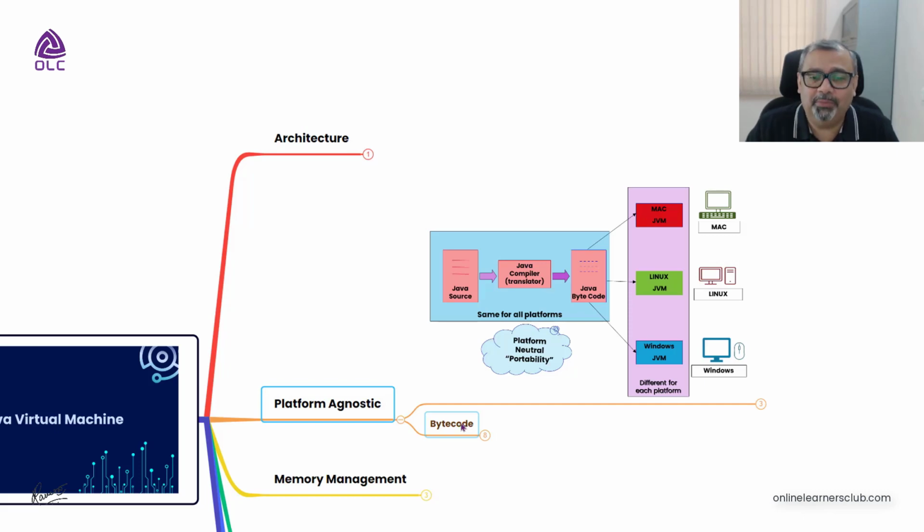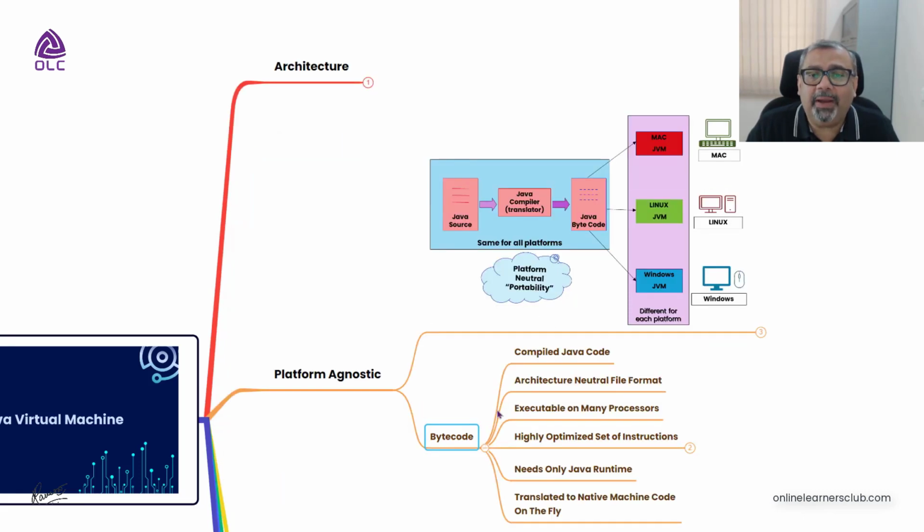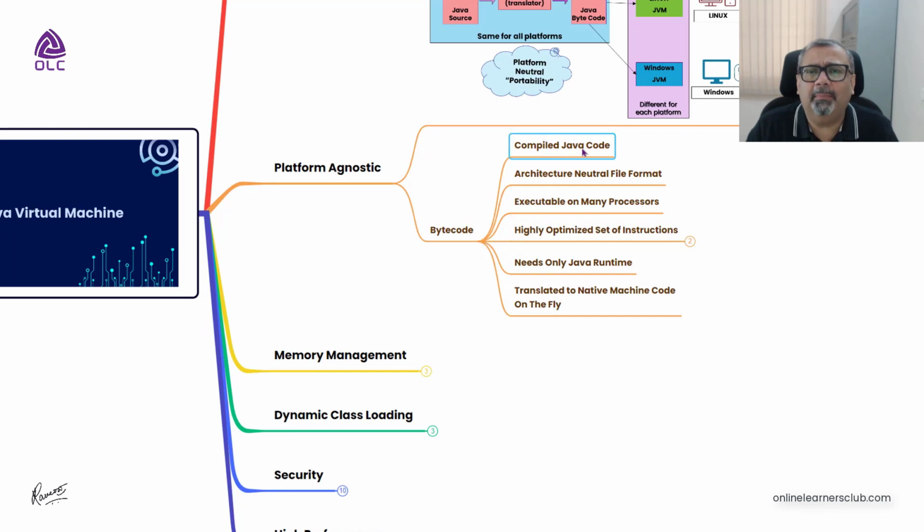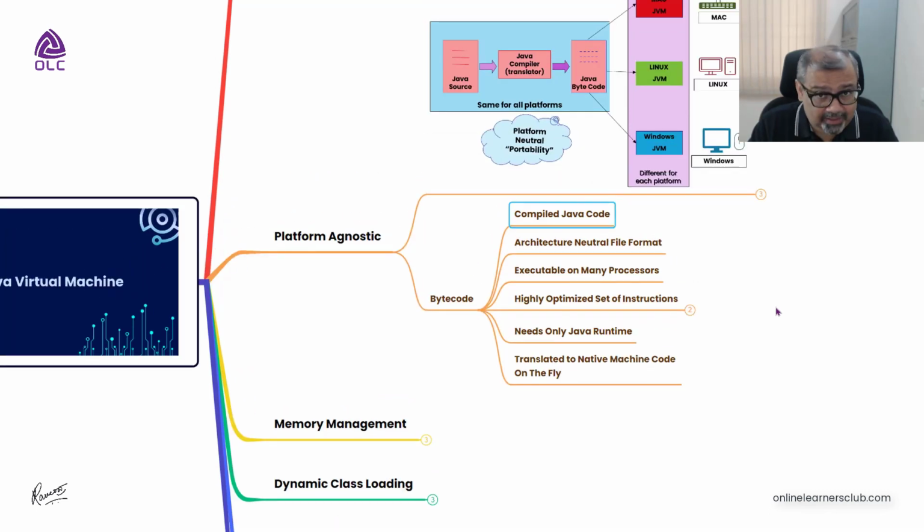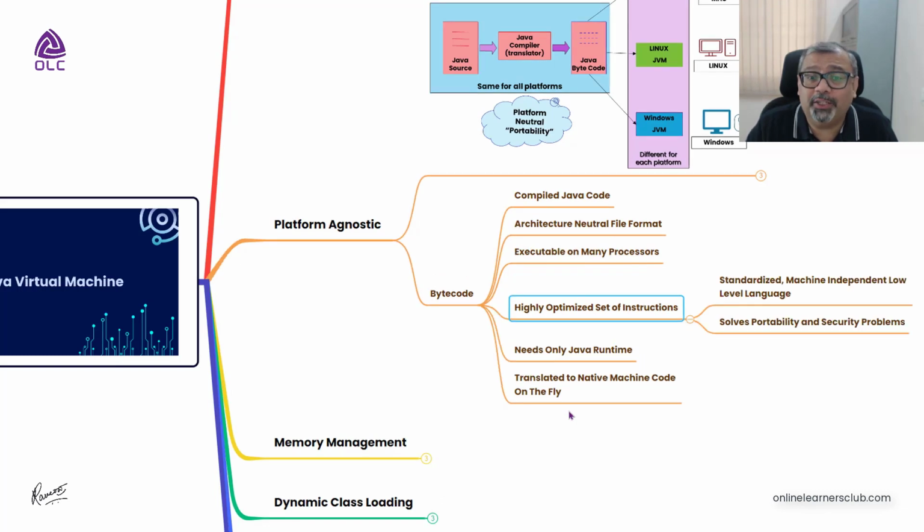It's very much possible. So what is there inside a bytecode? Bytecode is nothing but compiled Java code, as simple as that. It is an architecture neutral file format, internal to the Java environment, which can be executed on multiple processors, and it provides a highly optimized set of instructions.